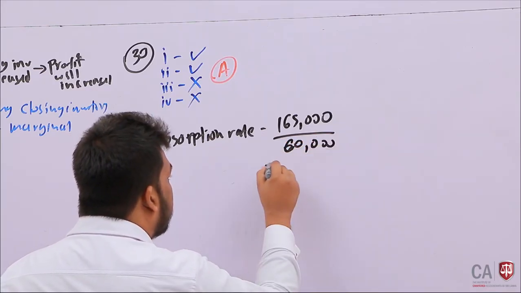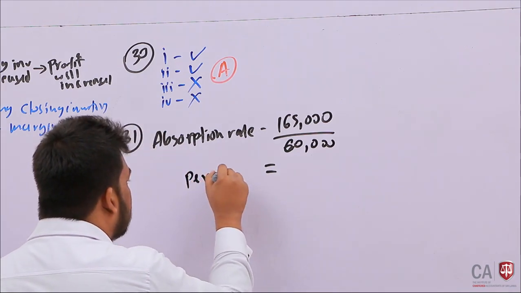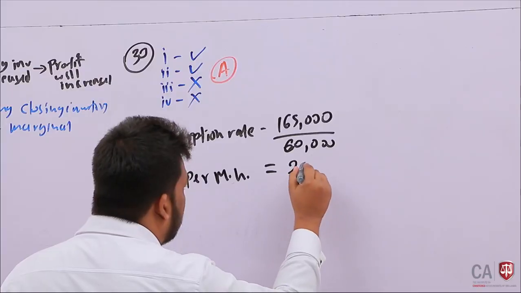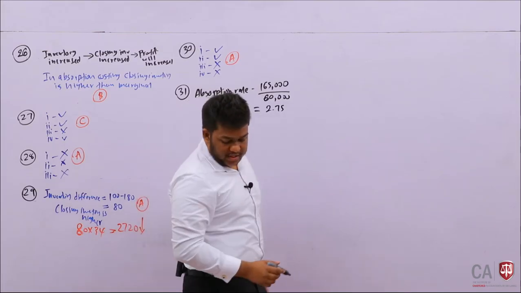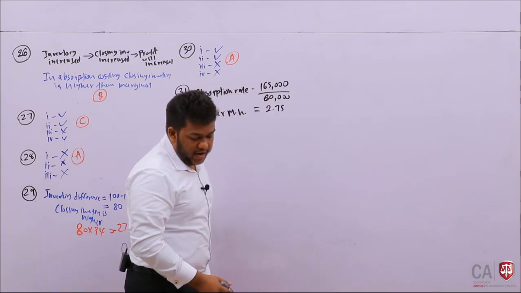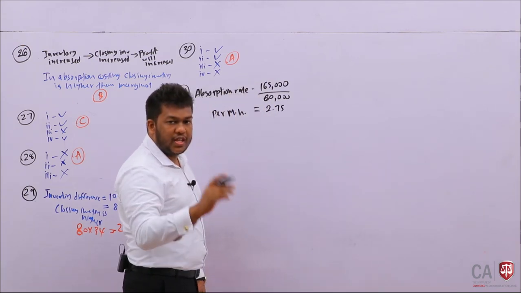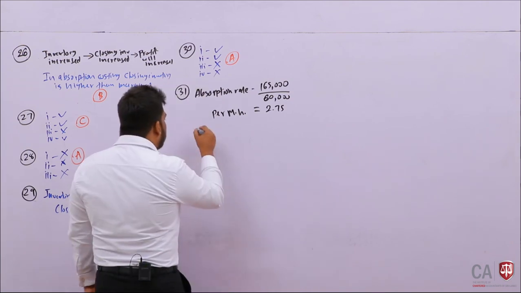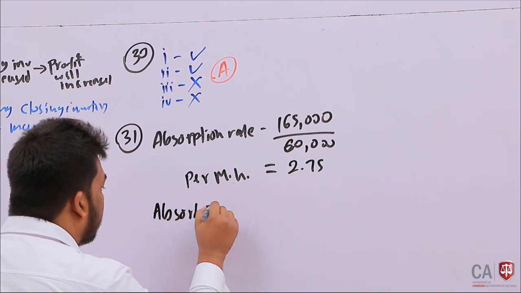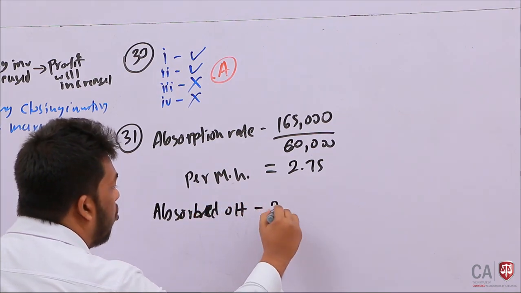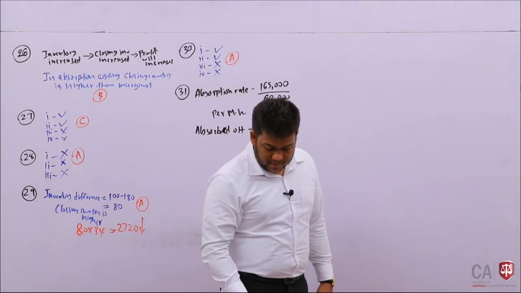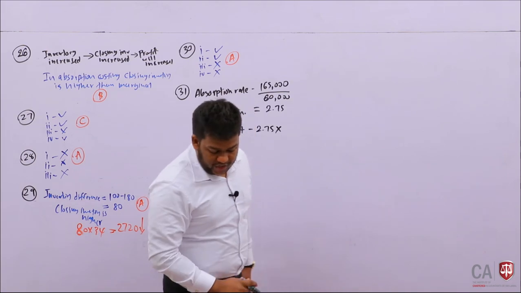So the absorption rate per machine hour is 2.75 per hour. Then you have to find the absorbed overhead, since the answers are about under and over absorption. Absorbed overhead is 2.75 into the actual number of hours. The actual machine hours are 55,000.